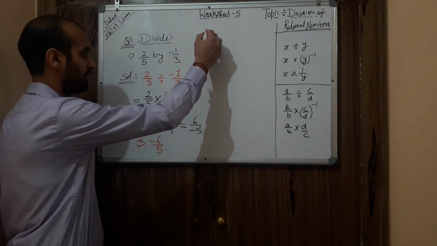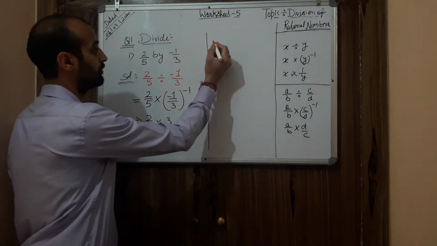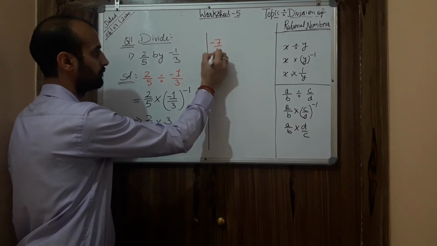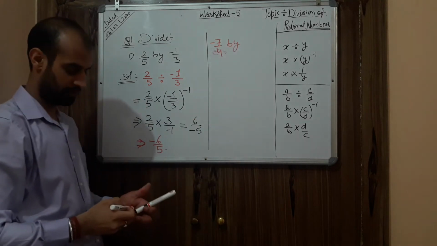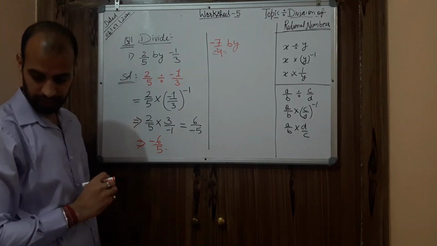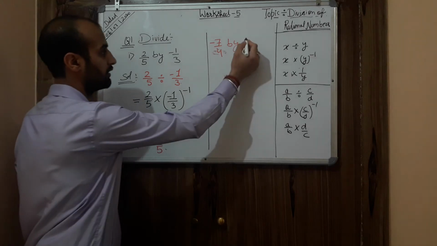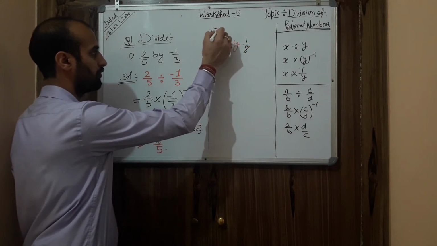Next question, you have similarly, the next part: minus 7 upon 4 divided by 1 upon 8. This is the second part of question number 1.